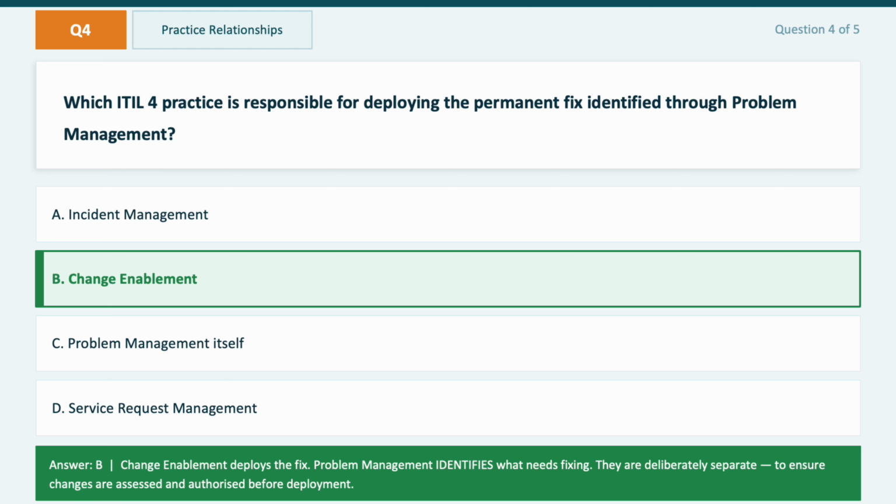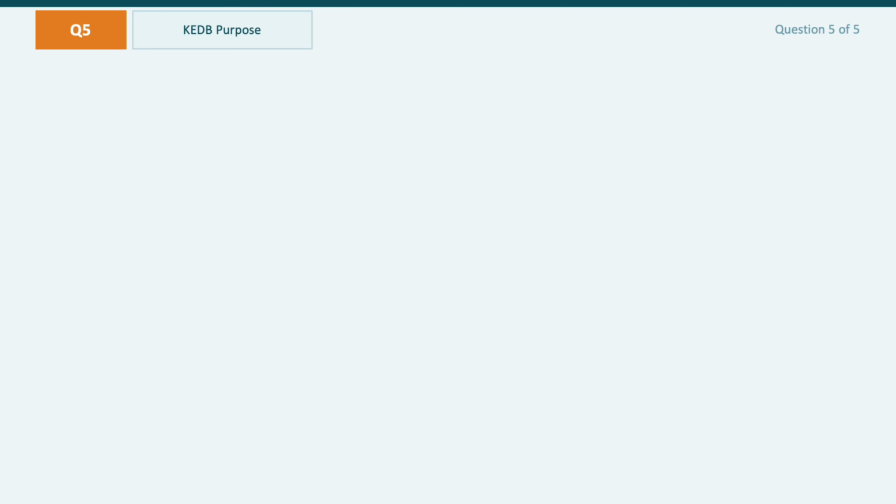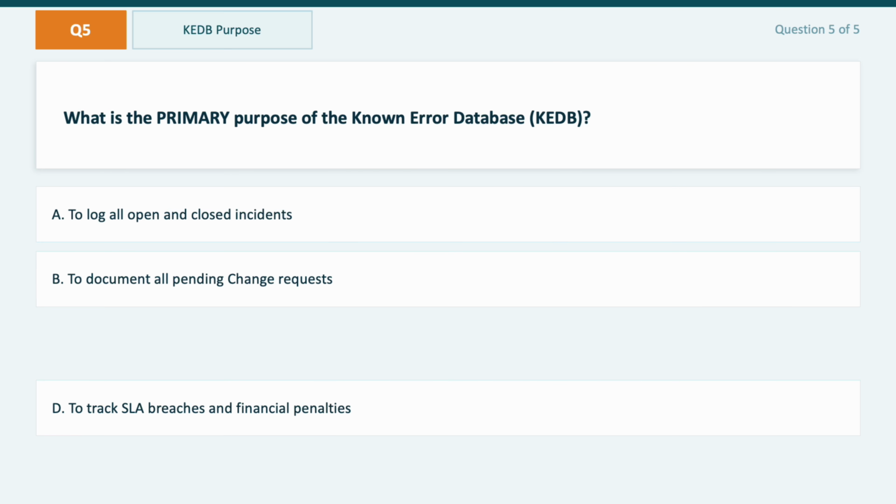But option B, a cause or potential cause of one or more incidents, can be considered a problem, right? Try to understand that a problem is not an incident, request or change. It is a cause of some potential incidents.